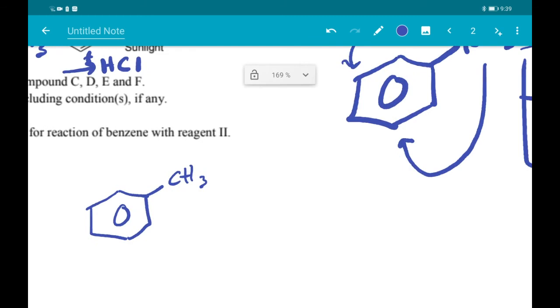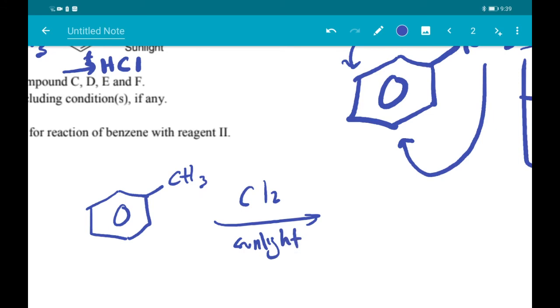The following reaction, we're going to apply chlorine with sunlight, which can also be written as UV. Instead of using sunlight, this reaction can also be replaced with heat. Technically it looks similar to the earlier reaction.